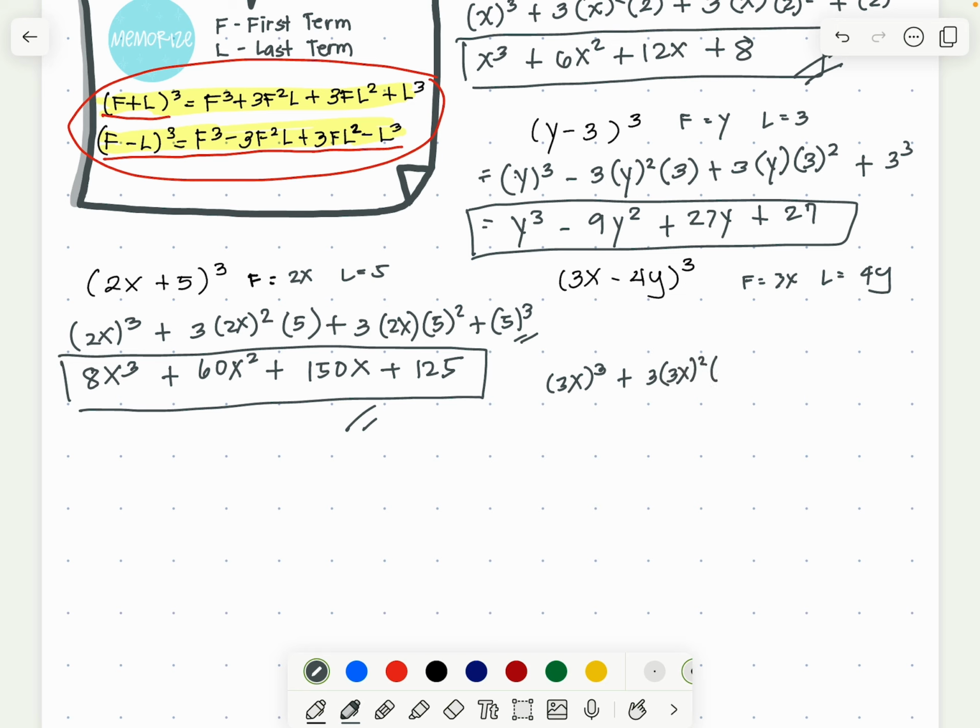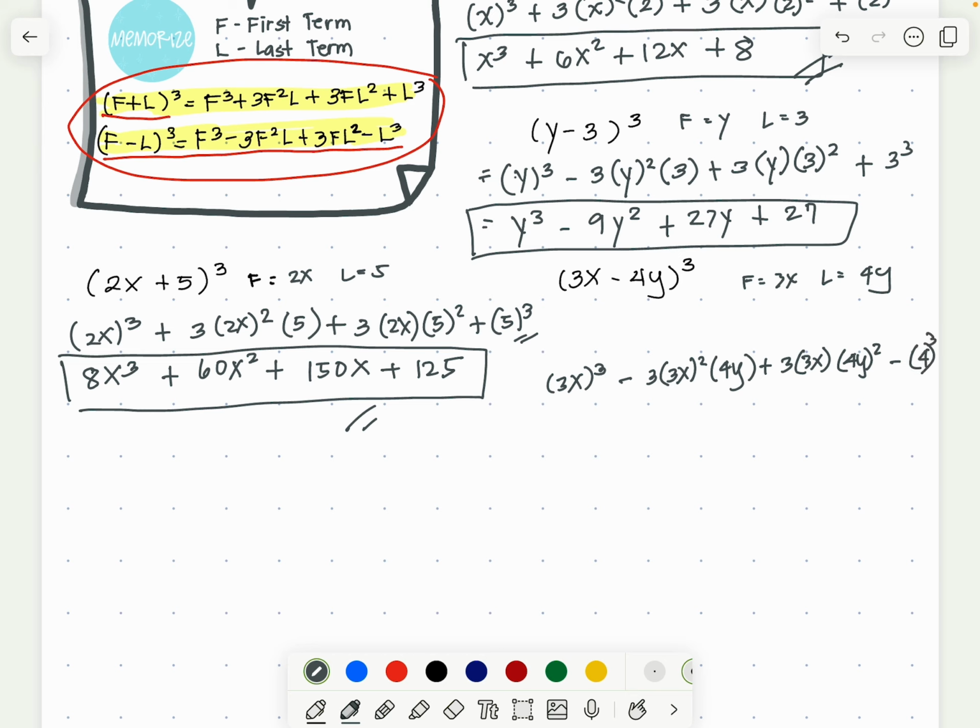Sorry, this should be minus already. Minus 3 times 3x squared times the last term 4y plus 3 times your first term 3x and then your last term squared. So that would be 4y squared minus your last term cubed, which is 4y.